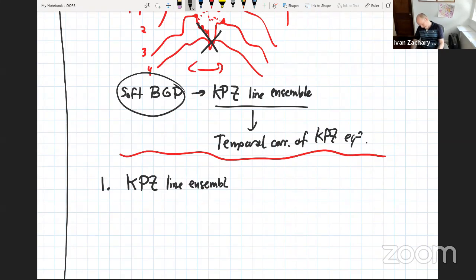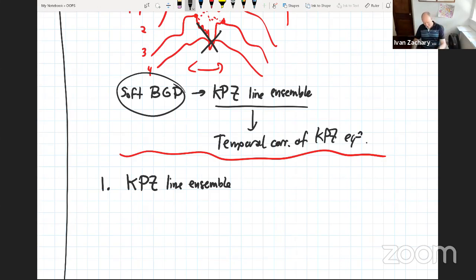Unlike the Airy line ensemble, I can define it in terms of finite dimensional distributions, but as a stochastic process, I can't really define it as a function of some IID noise.